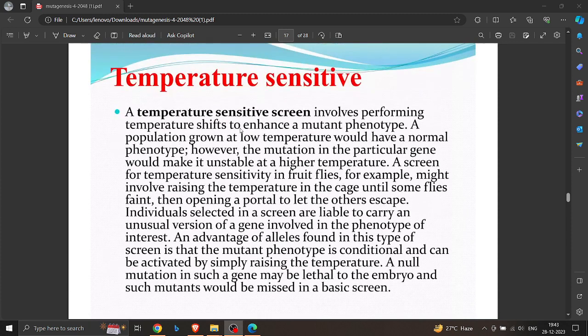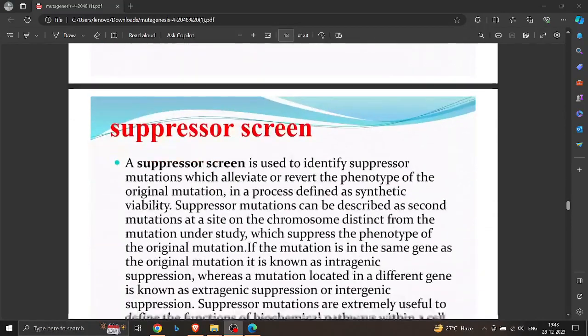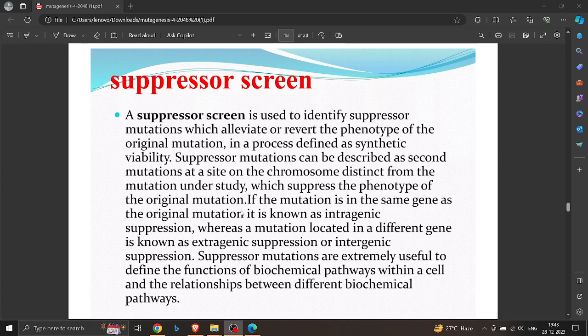For example, a screen for temperature sensitivity in fruit flies might involve raising the temperature in the cage until some flies faint and then opening a portal to let the others escape. So this is one kind of mutation that can be caused.